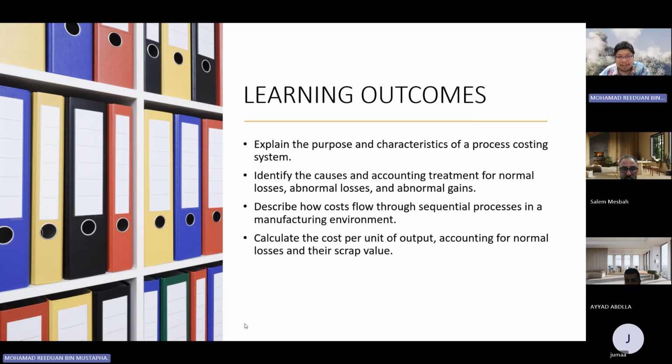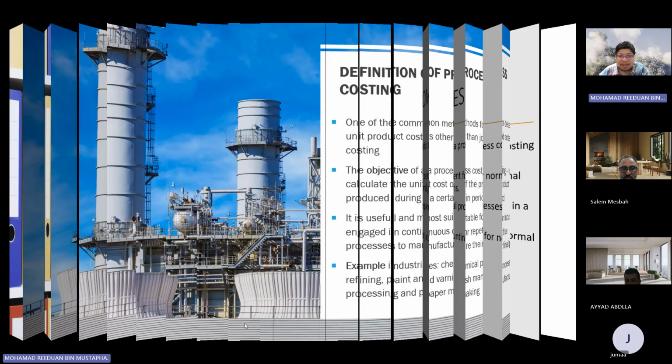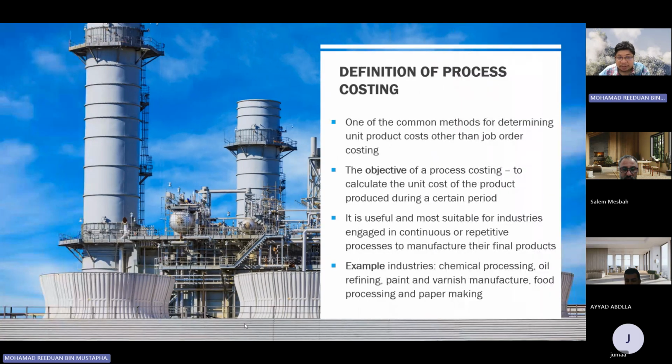So the learning outcomes of the study, we look into this, and this is the definition of process costing. It is one of the common methods of determining unit product cost, other than job order costing. The objective of process costing is to calculate the unit cost of the product produced during a certain period.